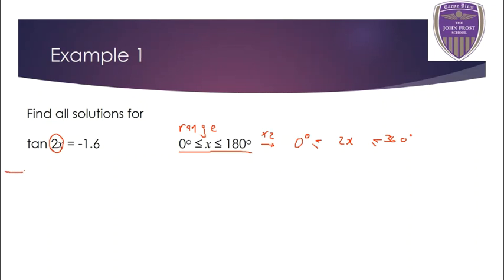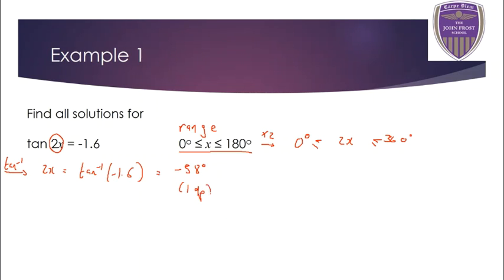Now the first step is like before. We need to take the inverse tan first of all. So 2x is going to be the inverse tan of minus 1.6. On my calculator, I get negative 58 degrees, to one decimal place.